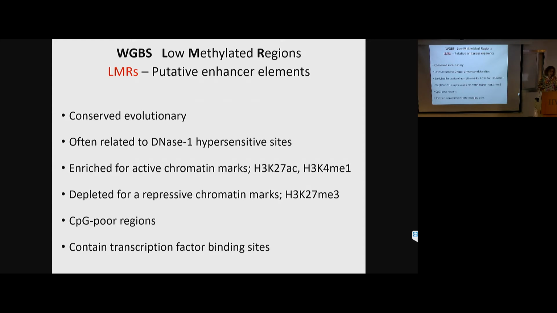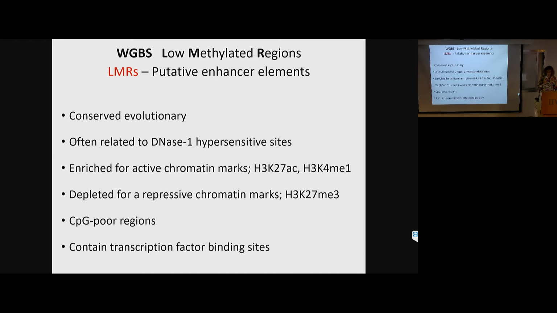In this particular study, we concentrated on LMRs. These are low methylated regions, identified first by Dirk Schübeler, and they are putative enhancer elements. They are conserved in evolution and enriched in active chromatin marks, depleted in repressive chromatin marks, and contain many transcription factor binding sites.